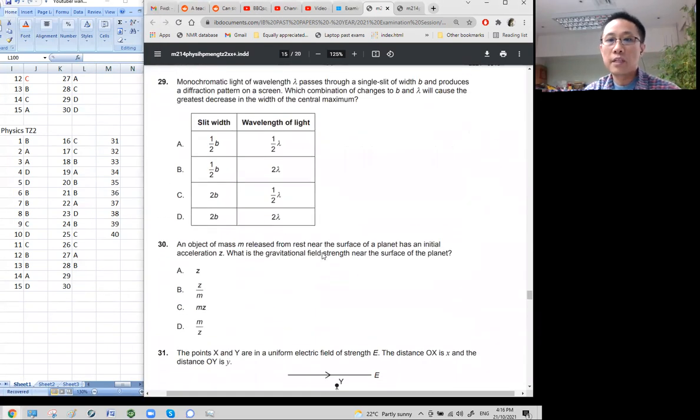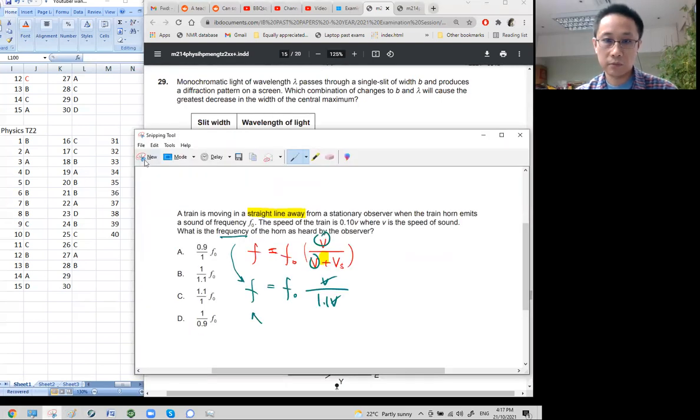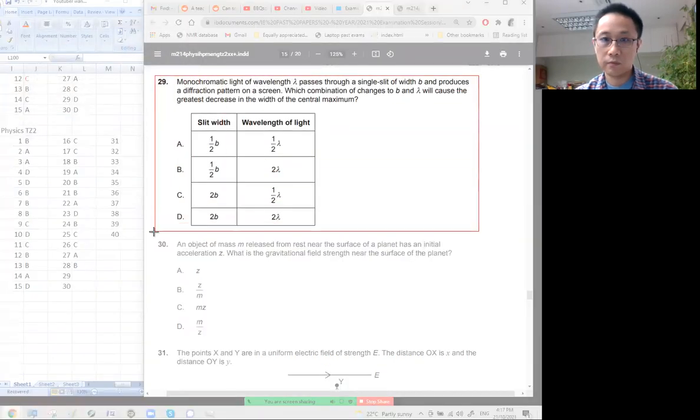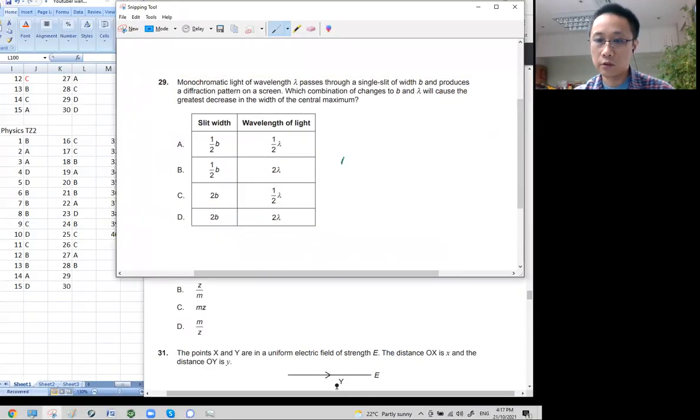Uh, 29, monochromatic light of wavelength lambda passes through a single slit and produces a diffraction pattern. So to decrease the width of the central maximum, the single slit diffraction profile looks like this.